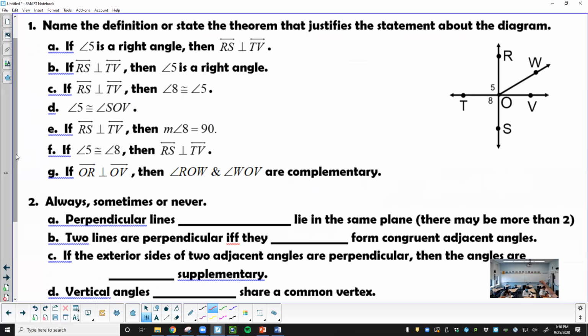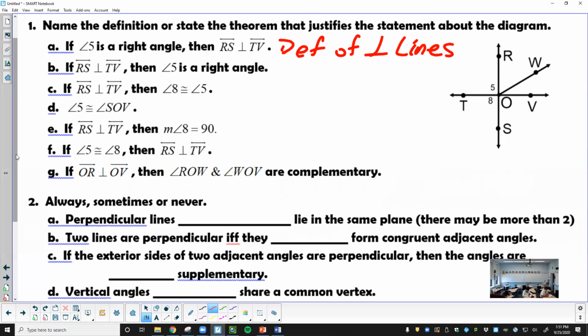So did we see a definition or a theorem that gave us the exact same information? What do you think, Alan? Is it the definition of perpendicular lines? It is the definition, right? Because that's just the converse of the definition that we wrote. So the definition of perpendicular lines.